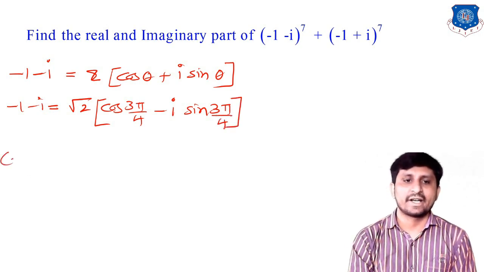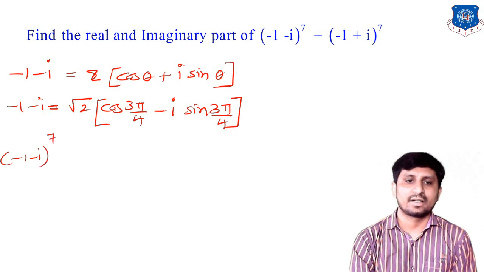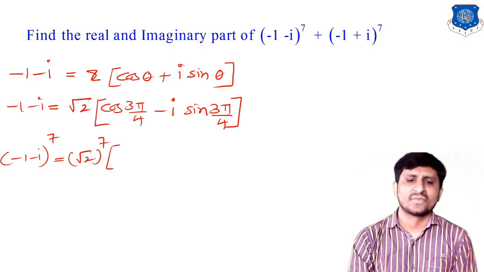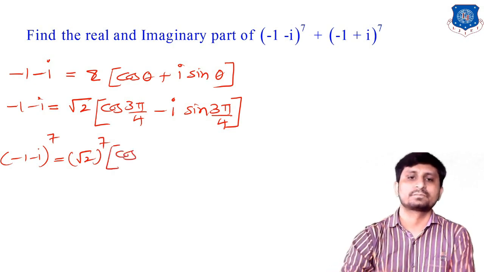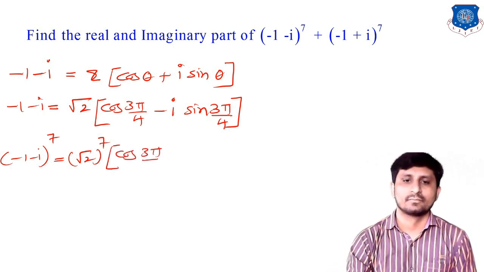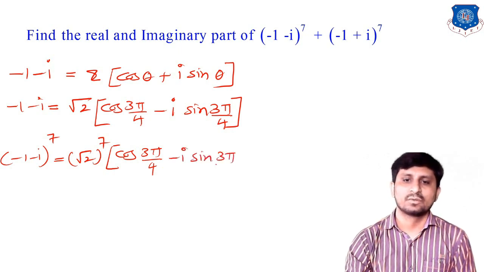Now I just want to write minus 1 minus i raised to 7. So I can write root 2 raised to 7 into cos 3 pi by 4 minus i sin 3 pi by 4, all raised to 7, okay.